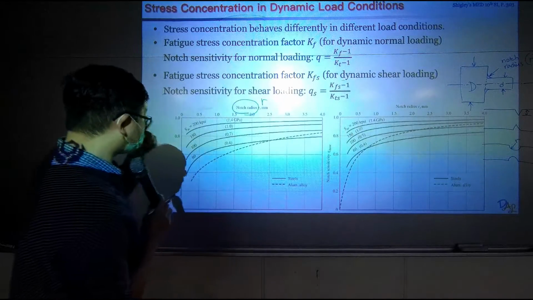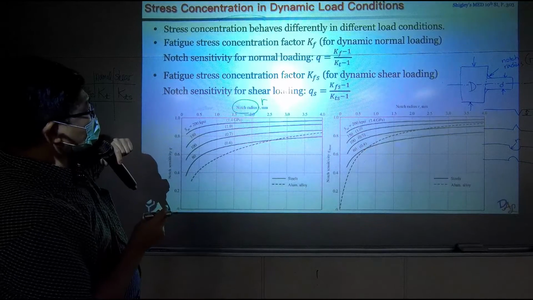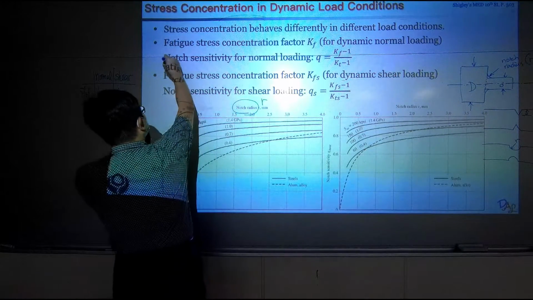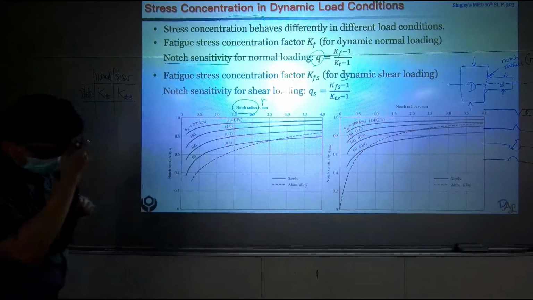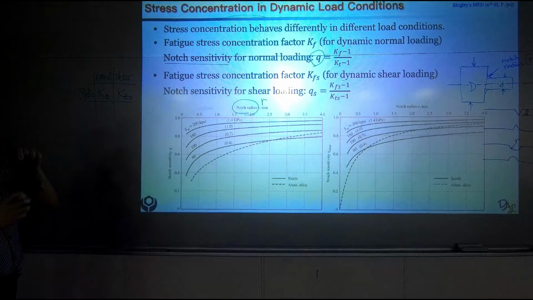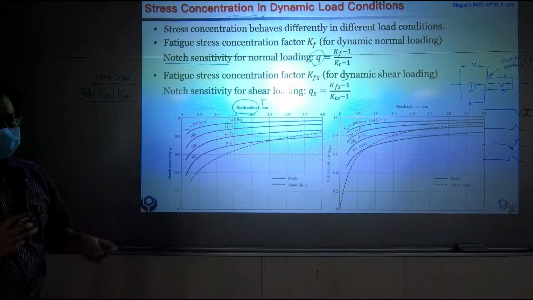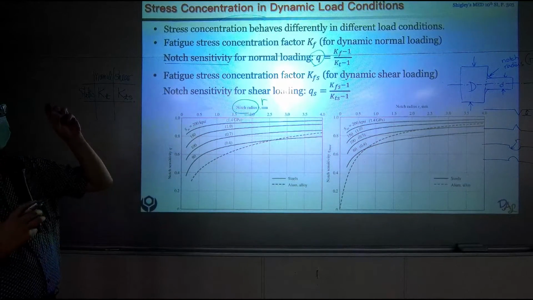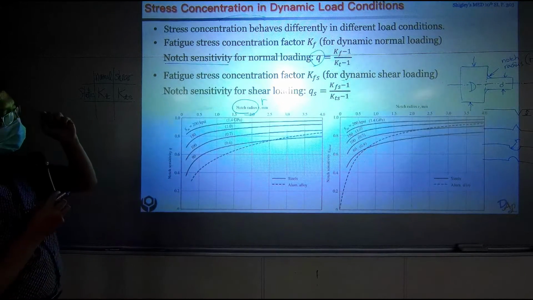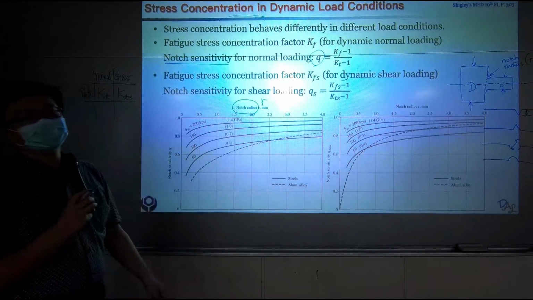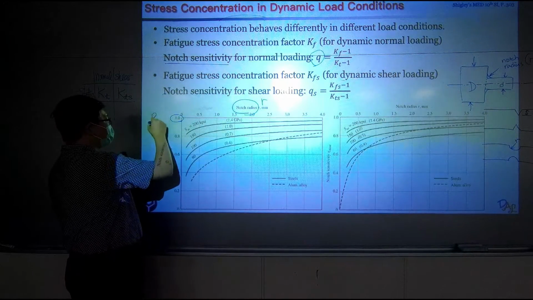So if that's the case, over here, there's a value called notch sensitivity, and we use the symbol of Q. Okay, so this is indicating how sensitive is your stress concentration based on the size of your notch. Okay, so in an extreme case, let's say this Q equals 1.